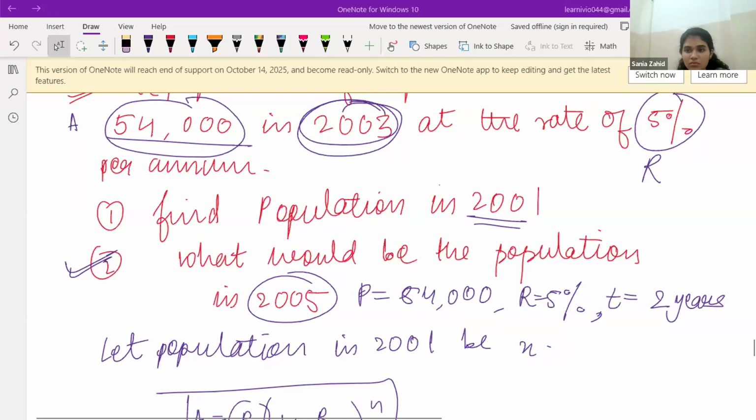Students, is my screen visible? No, ma'am. One second. Is it visible now? Students, is it visible now?